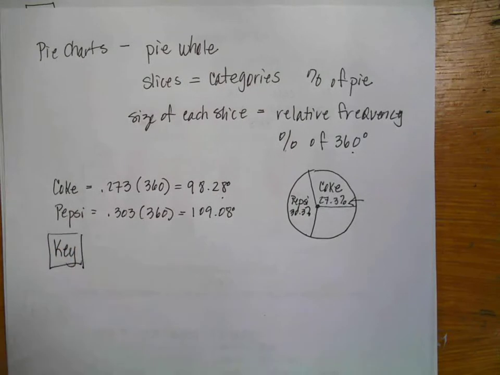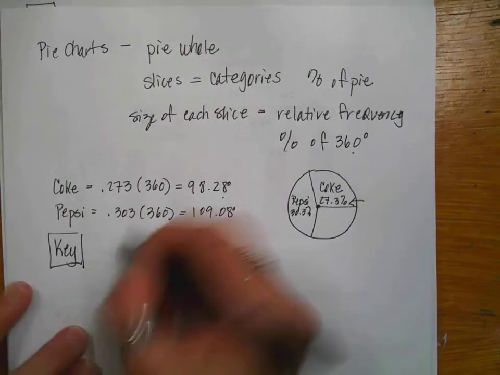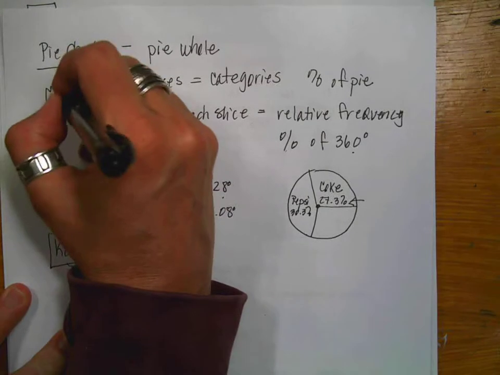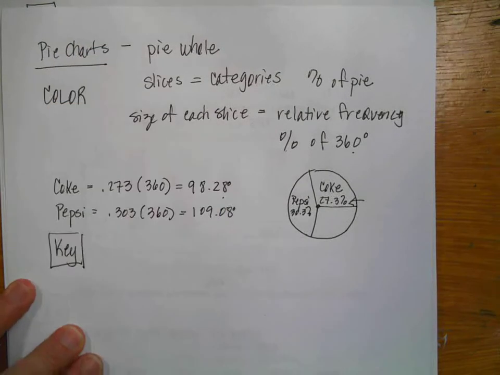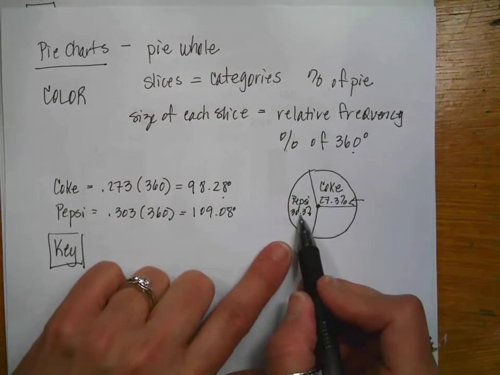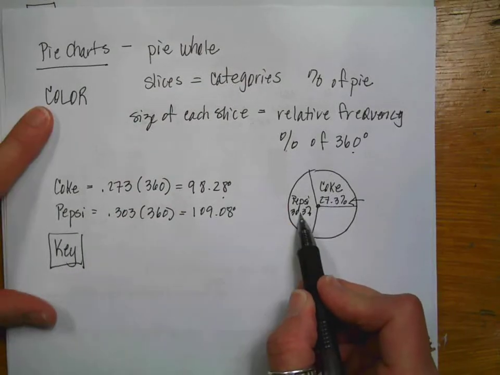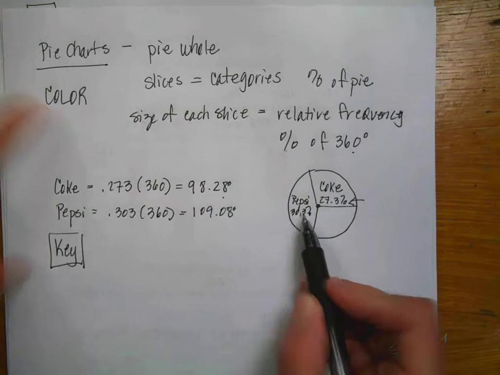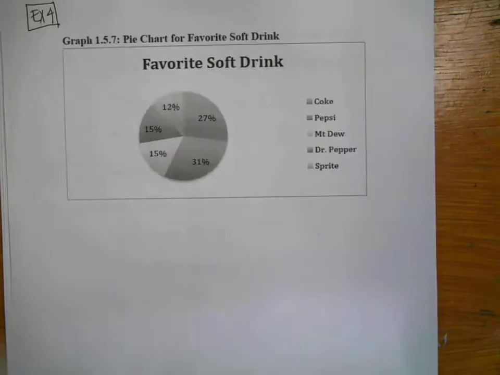The other thing that you will notice about a pie chart is that it always has a key. And I only have a black and white printer, so my pictures are going to be in black and white. But typically, a pie chart is going to be all about color, because I want to represent my data instead of maybe including numbers, I'm going to do it with color and a key, okay?